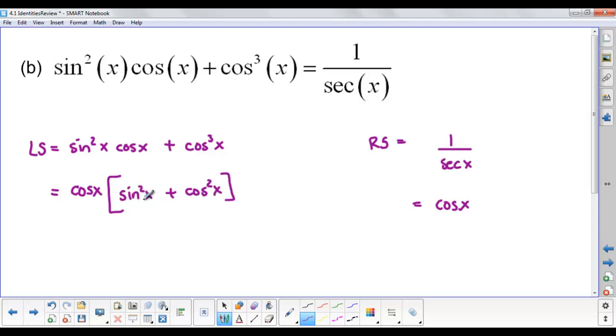That is the Pythagorean identity, and when you add these two together, it ends up being 1. So cos x times 1 is just cos x. As you can see, left side equals right side, and it has been proven. Moving on to example C.